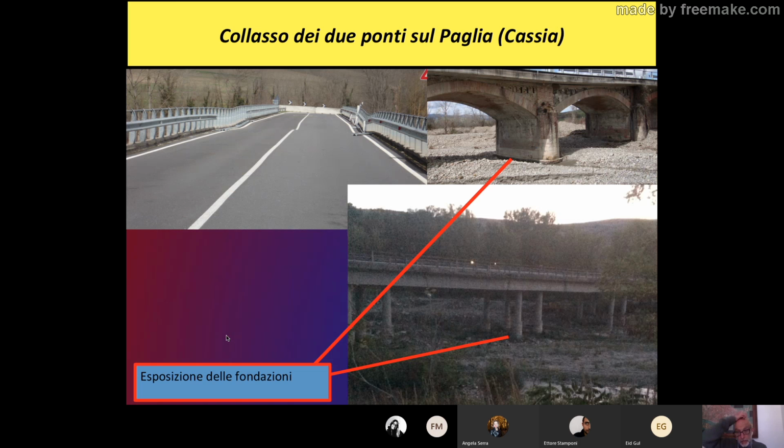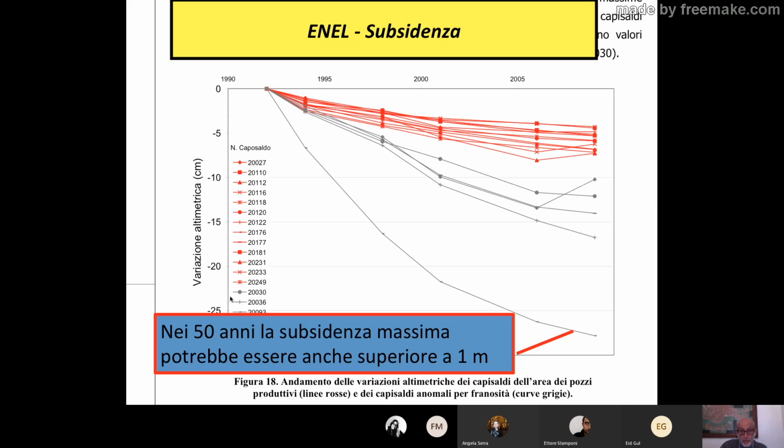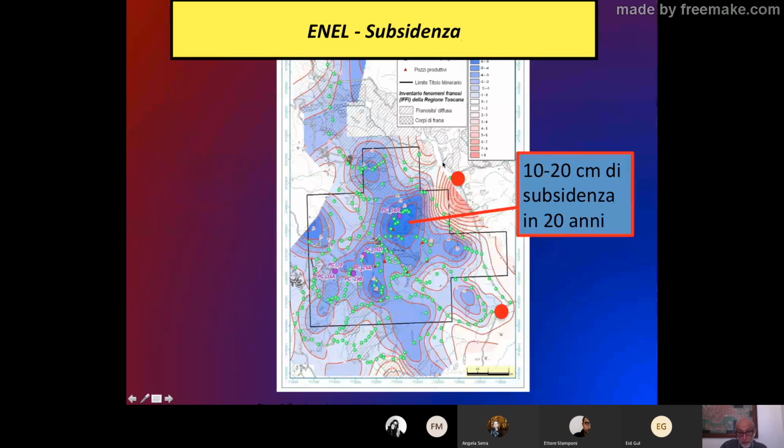This is what I would like to show you. There are two bridges. Let me go back for a second. There are two bridges along the Cassia. The road here is the Cassia. The Cassia has been one of the major roads in Italy since Roman times.